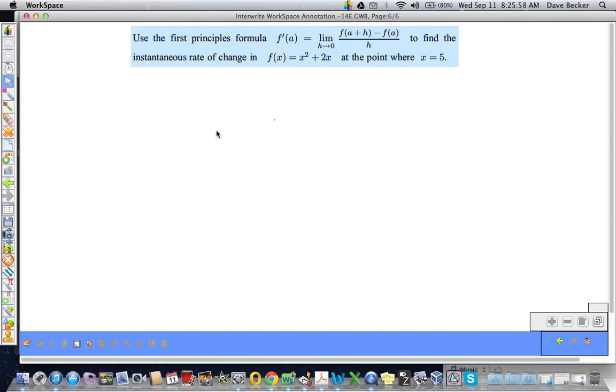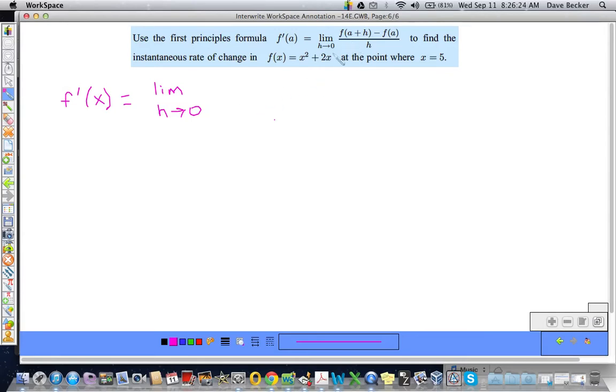So the first thing we have to do is use this. f prime of x is equal to the limit as h approaches 0. I'm going to use x first, and when I'm done, I'm going to replace x with its correct value of 5. You've got to do the algebra first.